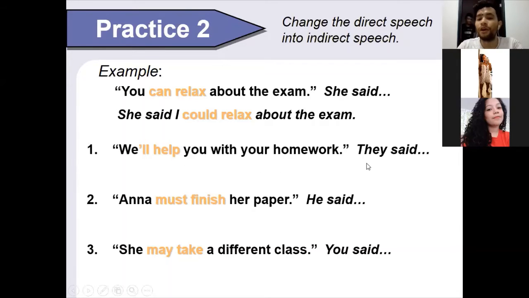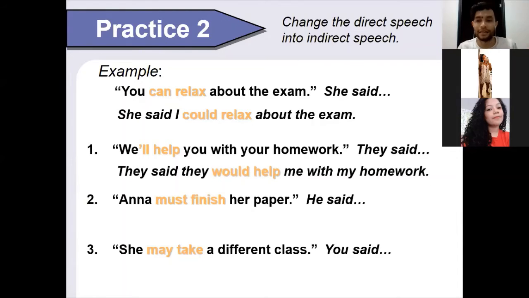We'll help you with your homework, they said. They said they would help me with my homework. Perfect. Great. 2. Anna must finish her paper, he said.